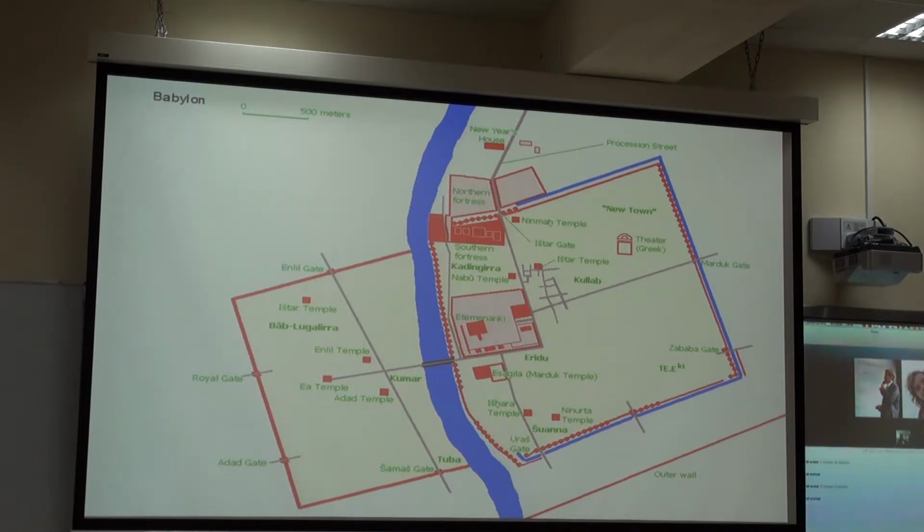Often this was then also combined, not only having walls, but also having water around to provide another layer of security. Next one.